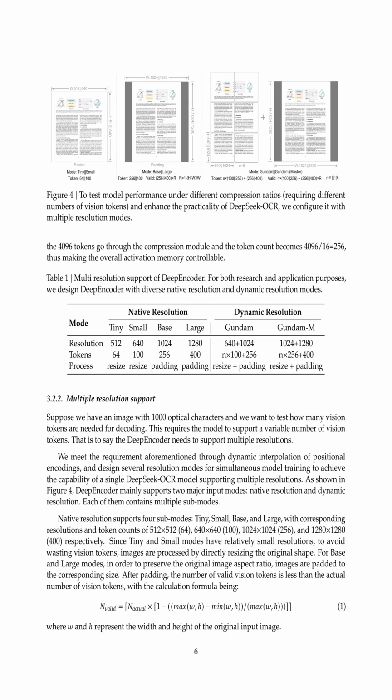After padding, the number of valid vision tokens is less than the actual number of vision tokens, with the calculation formula being n_valid = ceil(n_actual × (1 − (max(w, h) − min(w, h)) / max(w, h))), where w and h represent the width and height of the original input image.